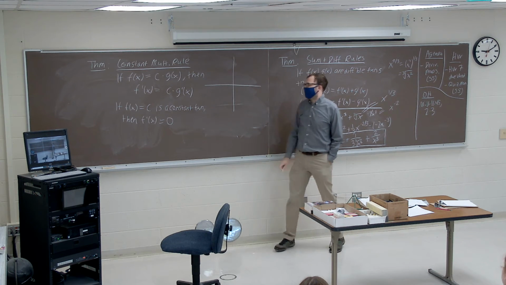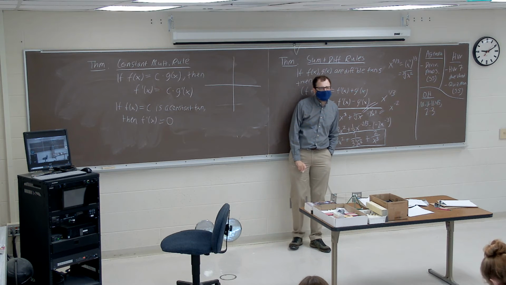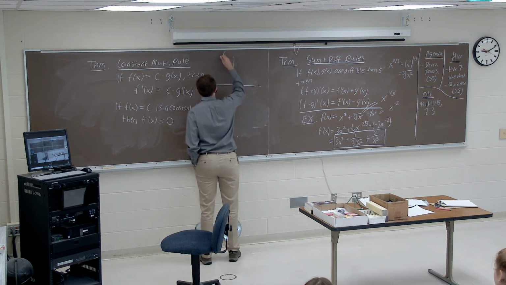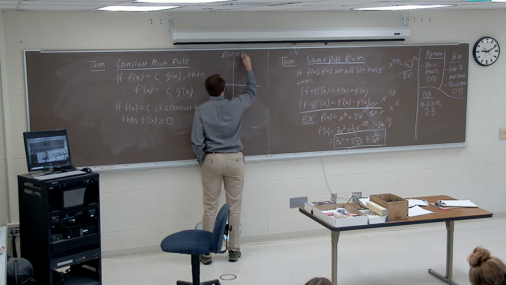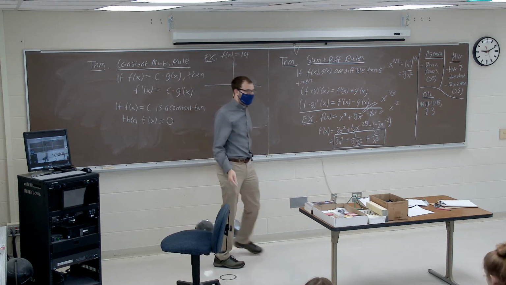So let's take a look at a graph for the second one here. Who do I want to pick on? Emily, what's your favorite number? 14. Okay, it's a big number, but we can go with that. Let's say we wanted to look at the constant function f of x equals 14.